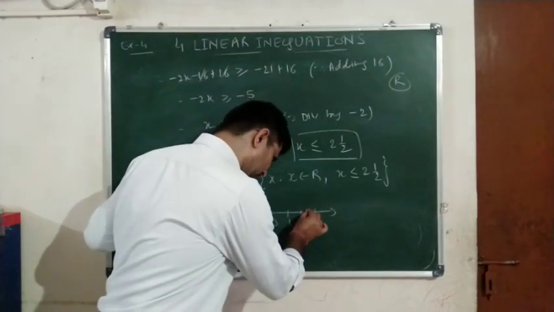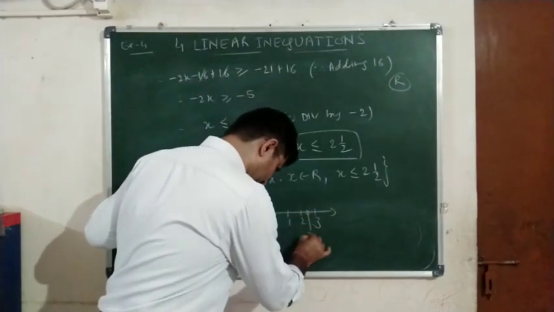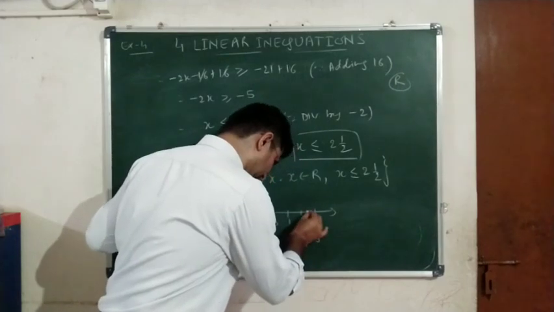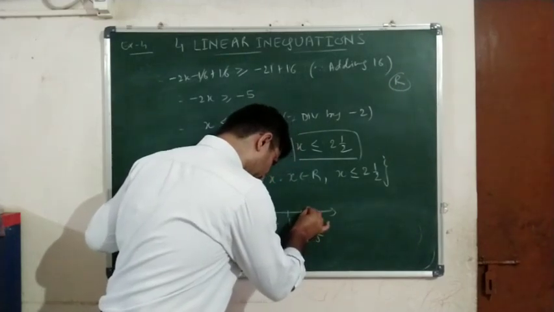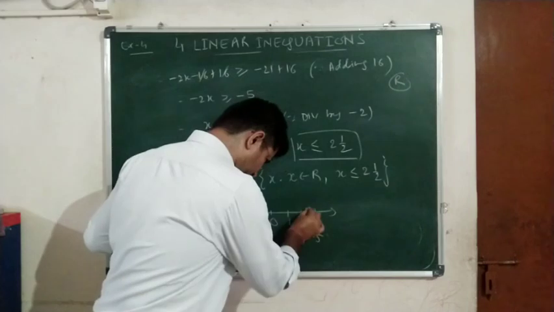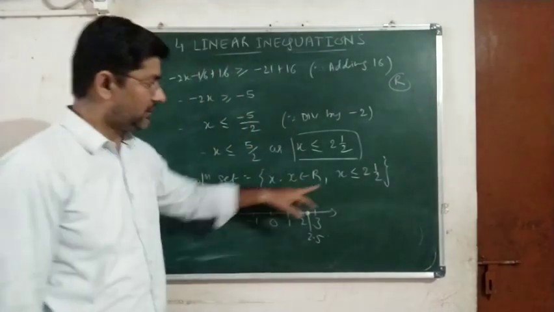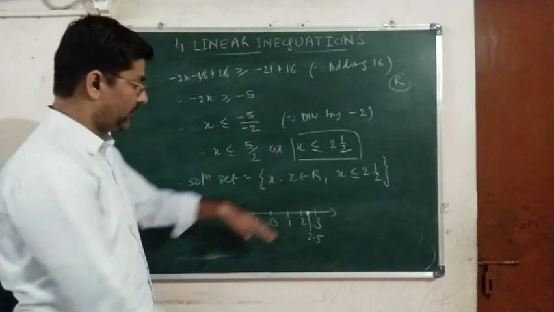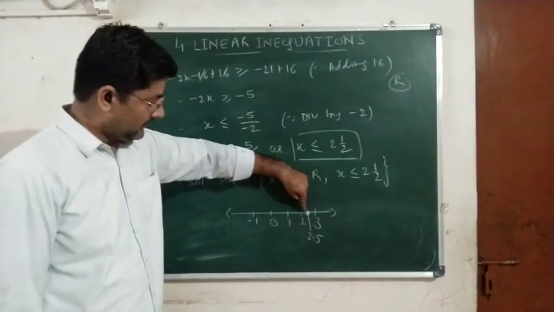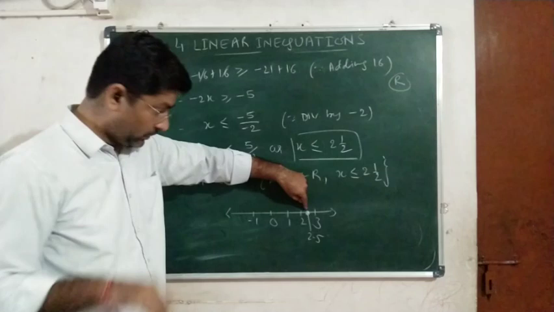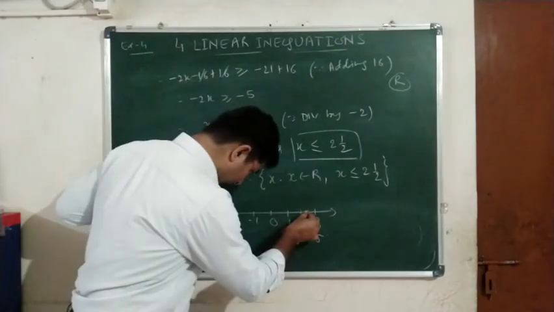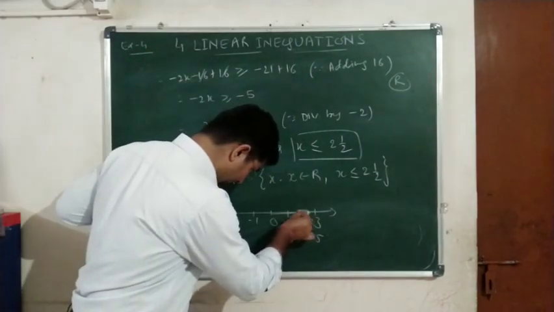Obviously 2.5 will be over here somewhere. So from here you will start, from 2.5, including 2.5, because it is less than or equal to 2.5. So 2.5 gets a darkened circle. And less than will come on the left side.